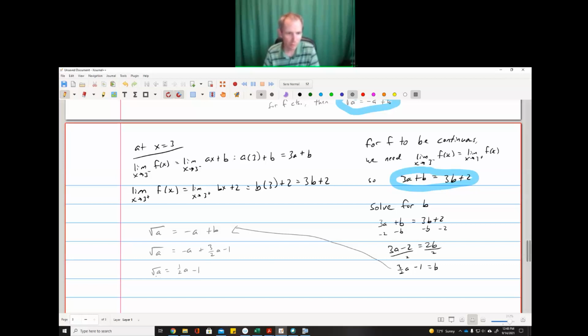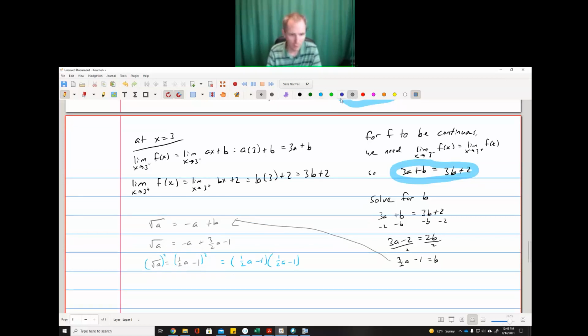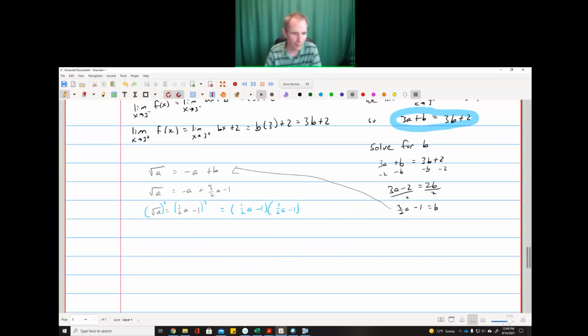And to get rid of the square root, what I want to do is square both sides. Okay, the right-hand side squared, another way to look at that is 1/2 a minus 1 times 1/2 a minus 1, so that I don't lose anything. Right, on the left, square root of a squared will just give me a.